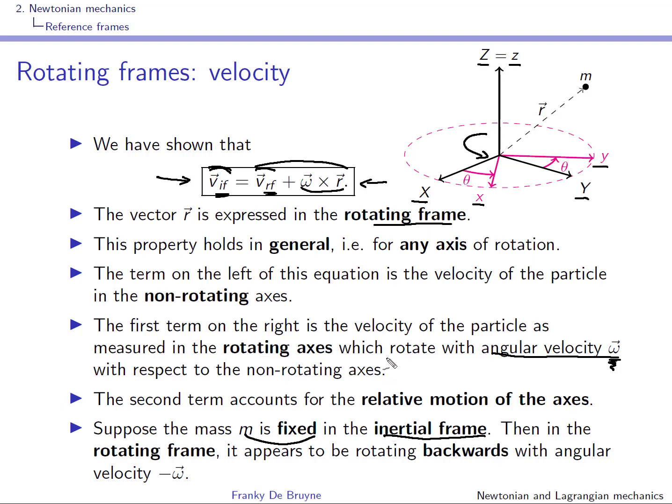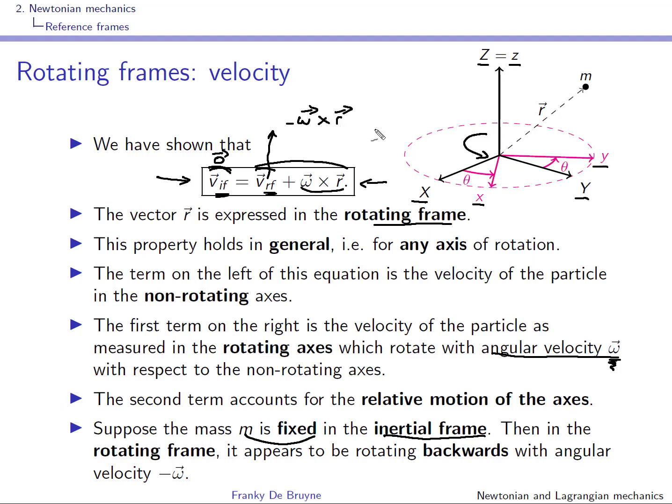If it's fixed in the inertial frame, this means that the velocity in the inertial frame is 0, and the only way to have a 0 on the other side of the equation is for the velocity in the rotating frame to be simply minus omega cross position vector r.